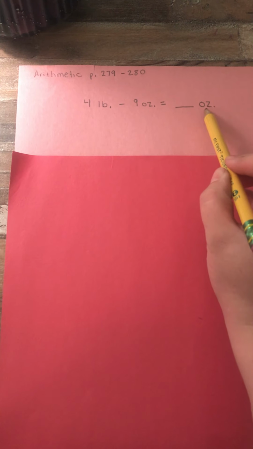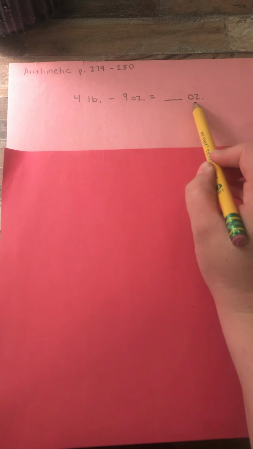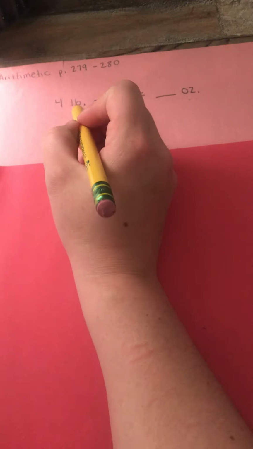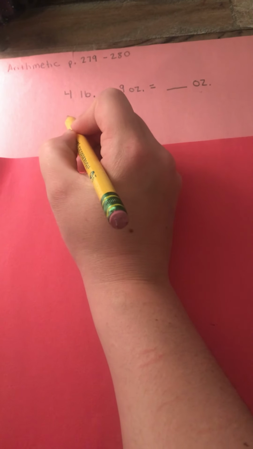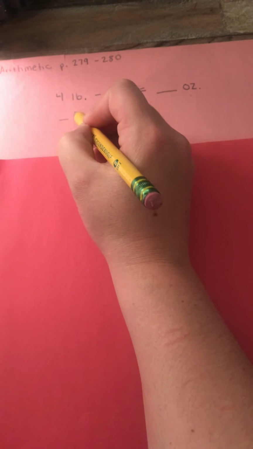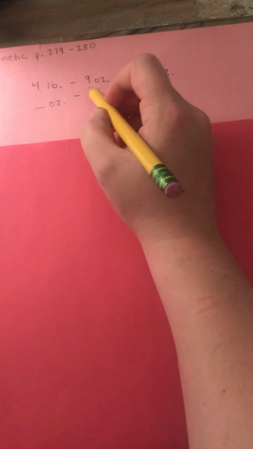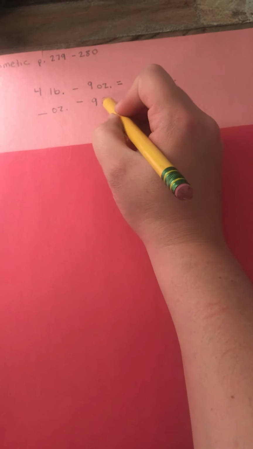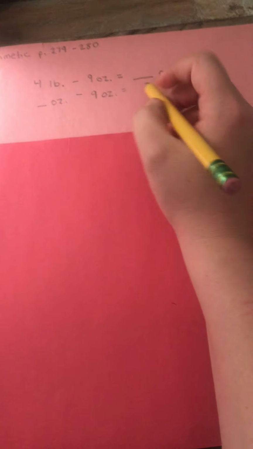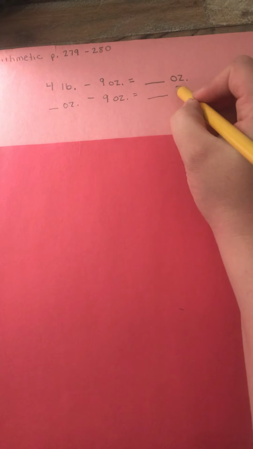So they want the answer in ounces, so we need to change everything to ounces. So we look at the first one, this is not ounces, so we need to have blank ounces minus, this is ounces, so we keep it the same, 9 ounces equals blank ounces.